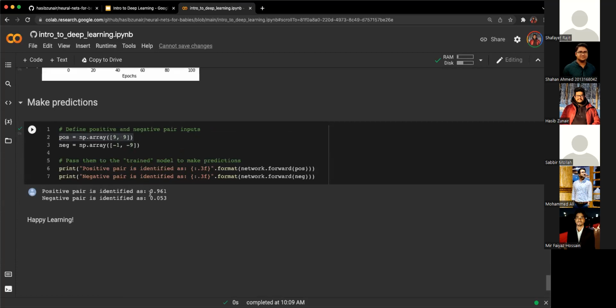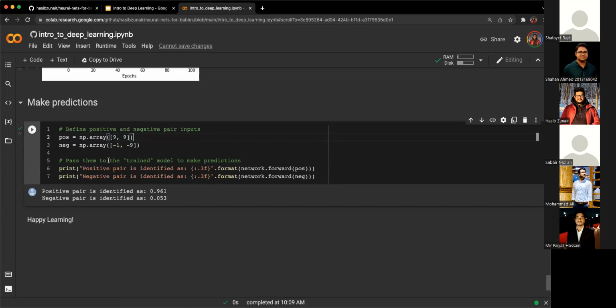And it did not give exactly 1 because these neural networks are called estimators, so they give you an estimate of what your output is. It's not going to give you a concrete number that this is 1 and this is 0. It works in a certain aspect of probability, where it says it is this percent confident that it's going to be this output.